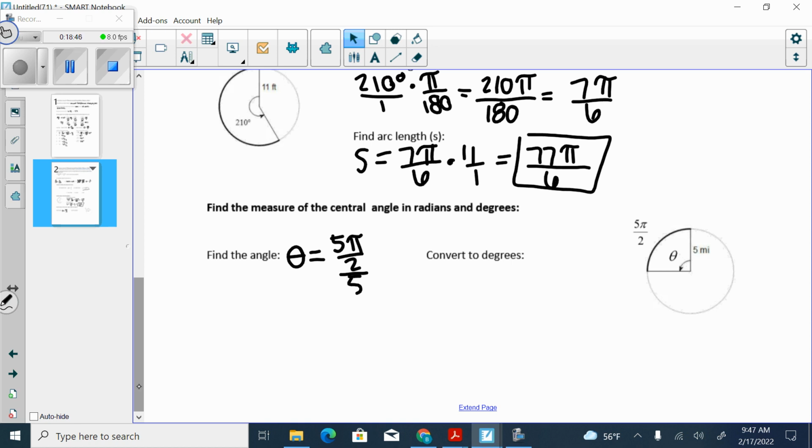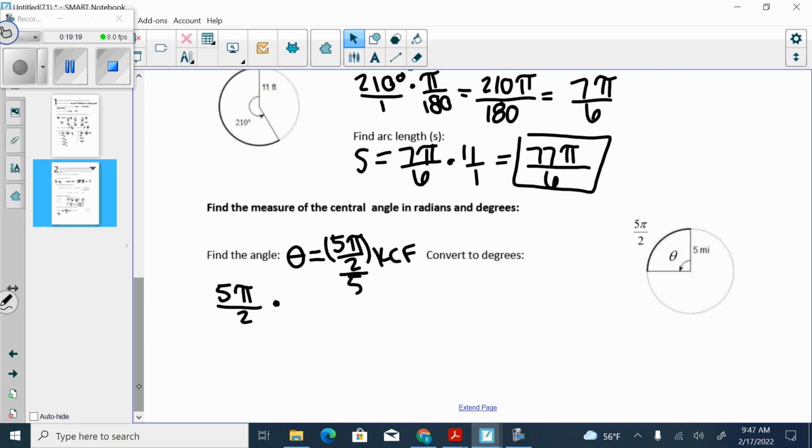So I now have a fraction being divided by some other term. Basically, we've got a fraction and a fraction right now. Remember, our rule for this is keep, change, flip. You keep the top part exactly how it is, so I'm going to keep my 5 pi over 2. I change from division to multiplication, and I'm going to flip that 5 over.